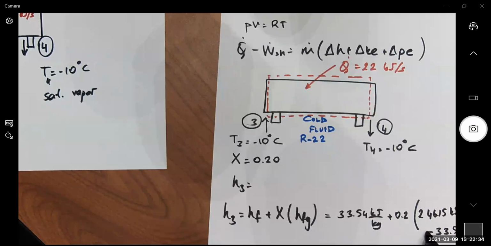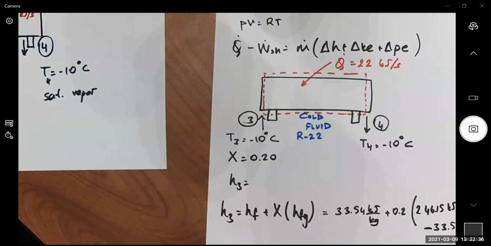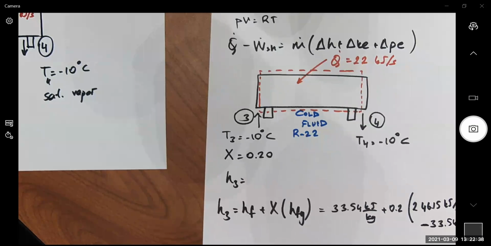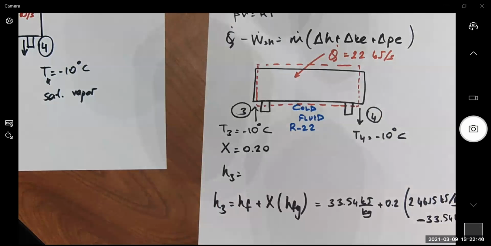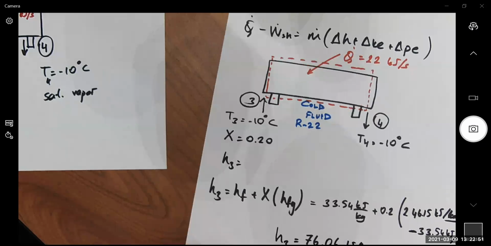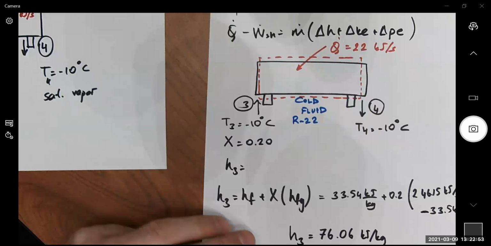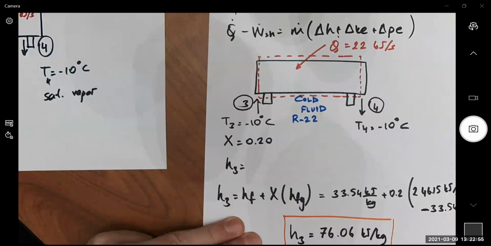Sorry for the shifting. So 246.15 minus 33.54, and from here H3 will be 76.46 kilojoules per kilogram. I know my enthalpy at the inlet now.